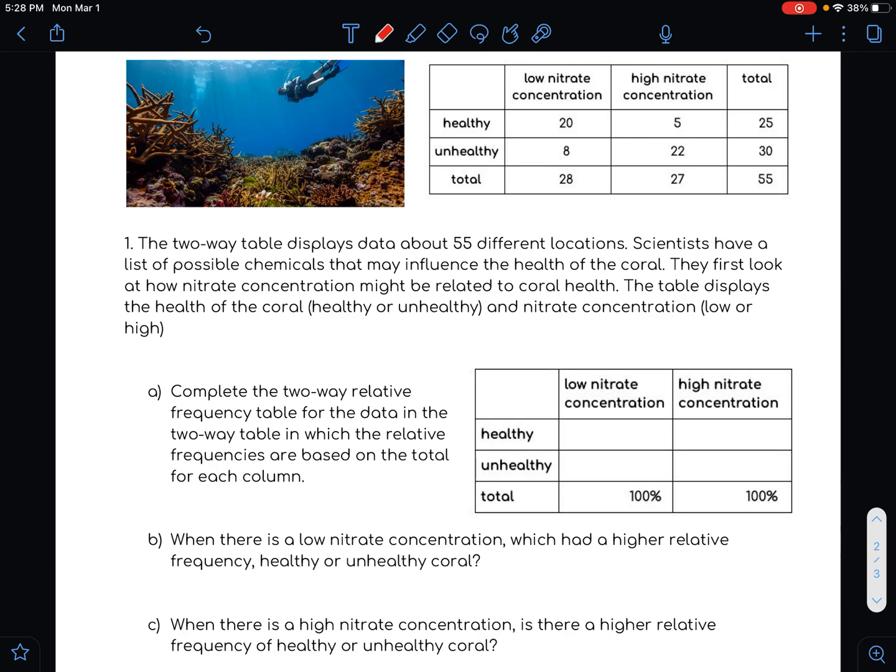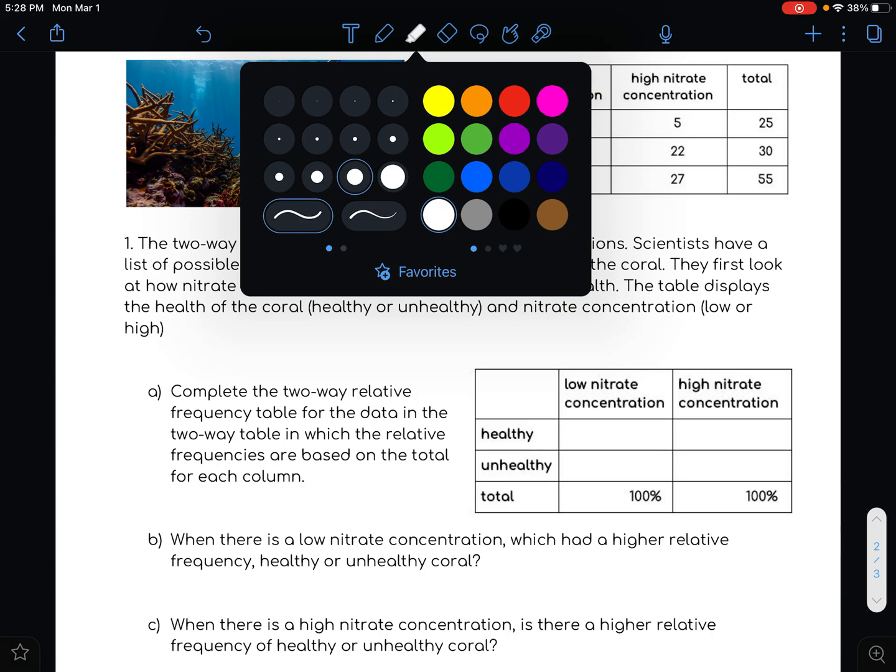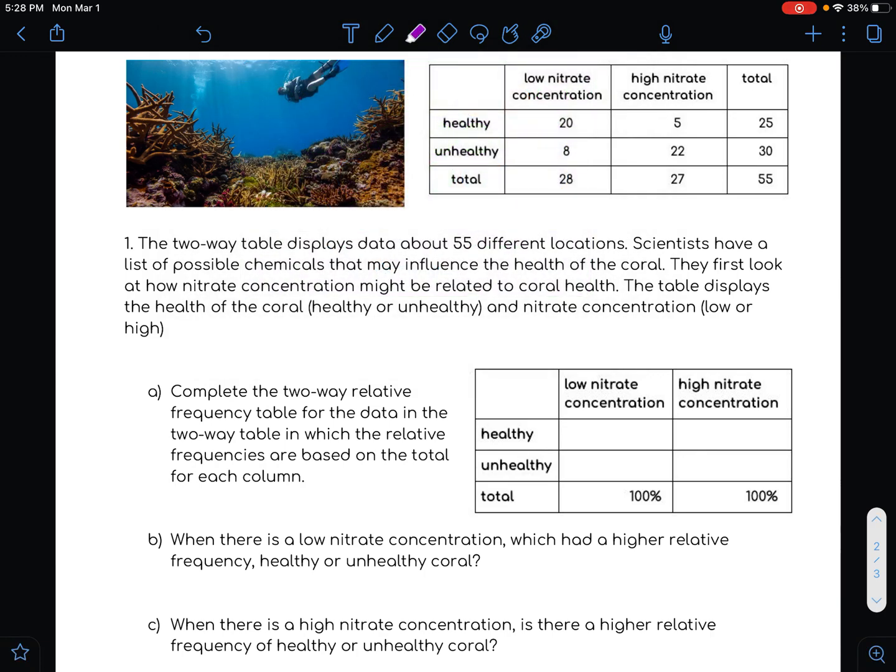Okay, so there's a lot to listen to there, but let's just talk a little bit about what we have here. So first off, we're looking at the relative frequency based on the total for each column. That's key here because we're going to be analyzing the totals from the columns when we are looking at the percentages. So the columns here are the low nitrate concentration and the high nitrate concentration.